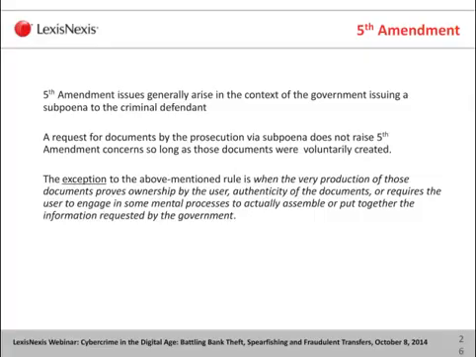Generally, when you see the Fifth Amendment arise is when the government issues a subpoena to the criminal defendant, and in this context, it's usually with respect to a password. All right. So the problem happens, the government suspects you of something, or they've even indicted somebody. And the information they want generally, unfortunately, arises in child pornography. They want computer files, and for some reason, can't open these files because they're encrypted.